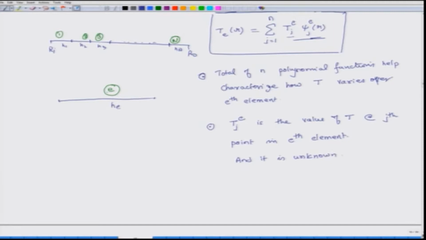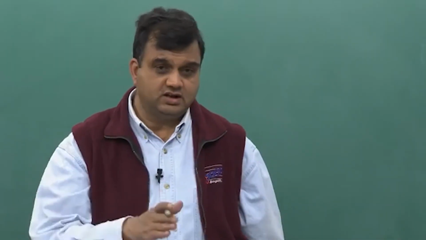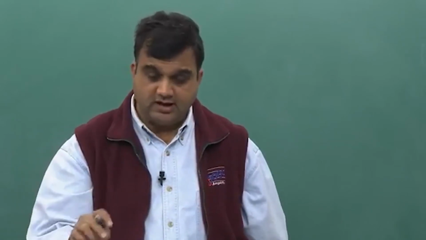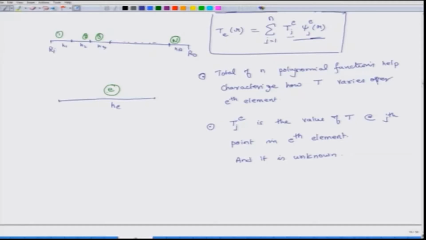It is unknown. We do not know it. We know psi because we are assuming that if it is constant then it is 1, if it is linear then it is ax plus b. So, we know how psi are varying, but the values of those constants we do not know. So, Tj is the value of T at the jth point in the eth element.